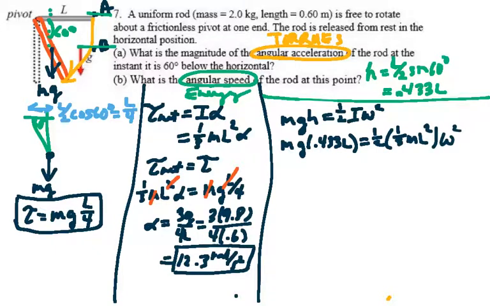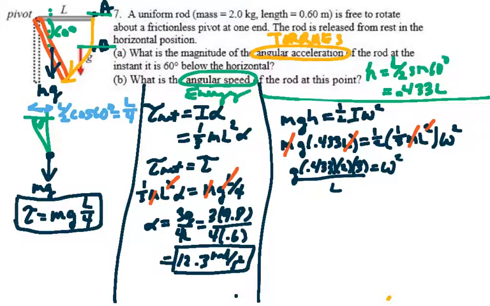Well, an m cancels out on both sides. One of the L's cancels out. And solving for omega, we have g times 0.433 times 2 times 3, divided by L, equals omega squared.